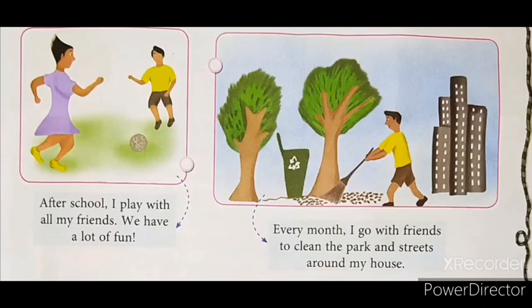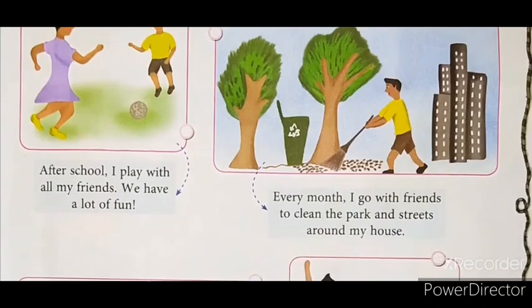Next activity. Every month I go with friends. That means every month Manoj goes with friends to clean the park and streets around his house. Students, do you do this activity with your friends? It's a question mark only.